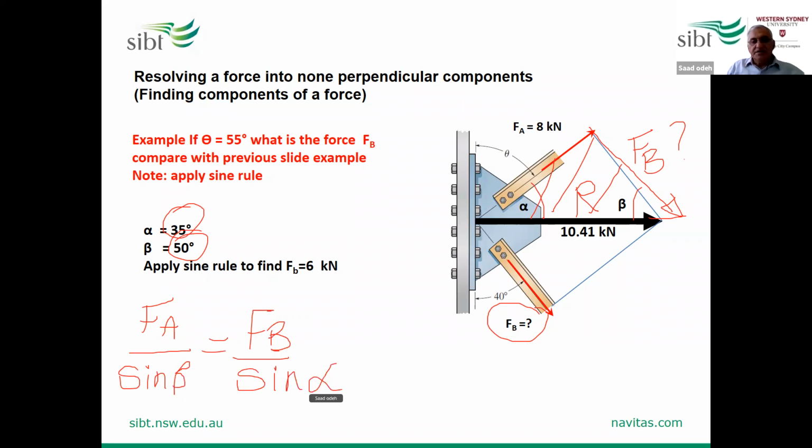And then I solve the problem here. I can find the value of FB, which is 6 kilonewton.